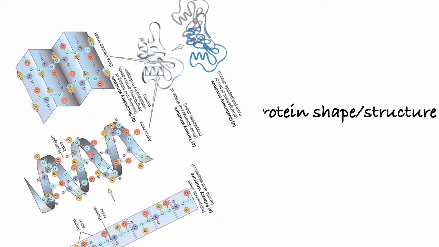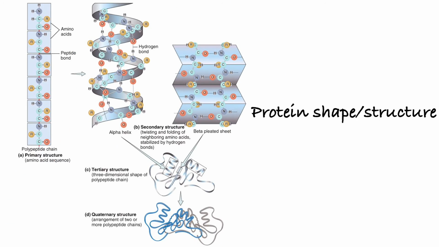And the last thing about proteins will be their shape and structure. They have four structures. The first one is the primary structure, which is in a linear format. And the second, the secondary structure, has two types that you're going to find here. They come in either an alpha helix, kind of like a spiral staircase, or they come in beta pleated sheets, kind of like pleats, like a pleated skirt or pleated pants.